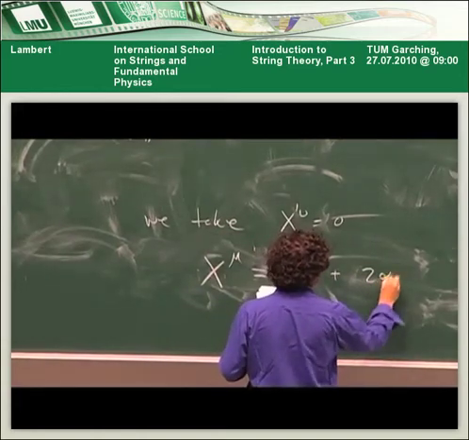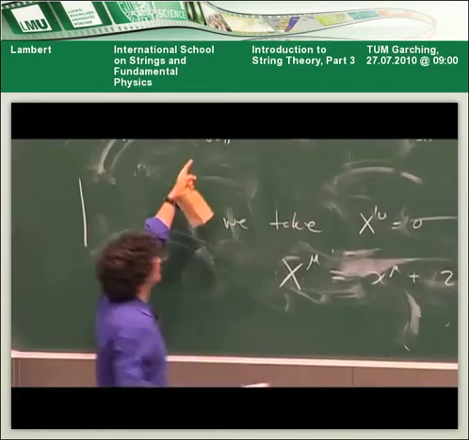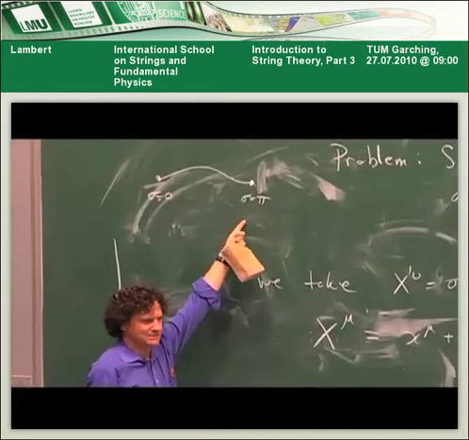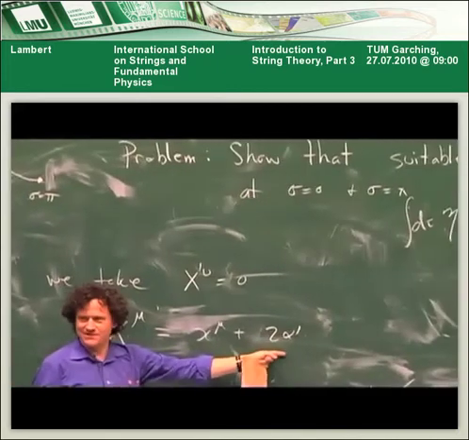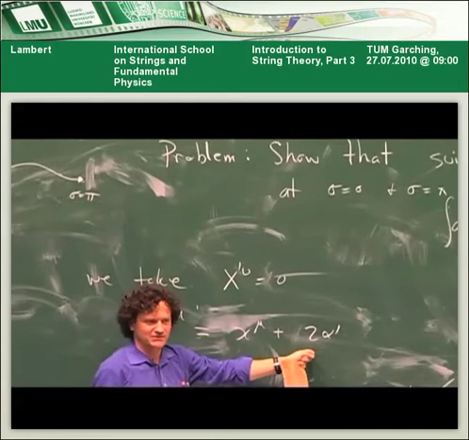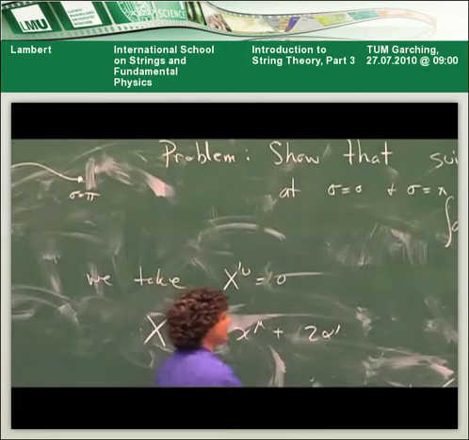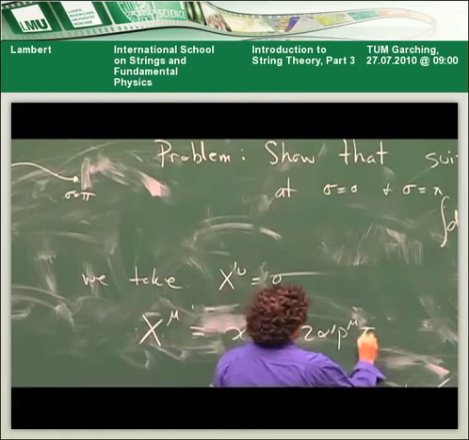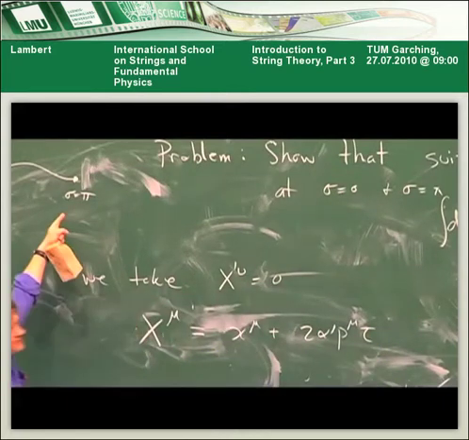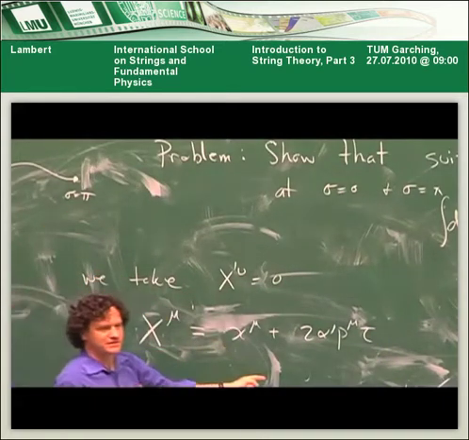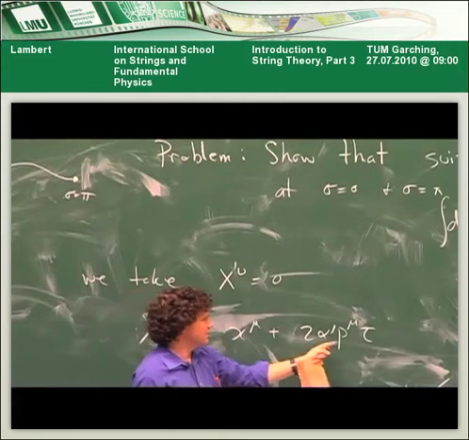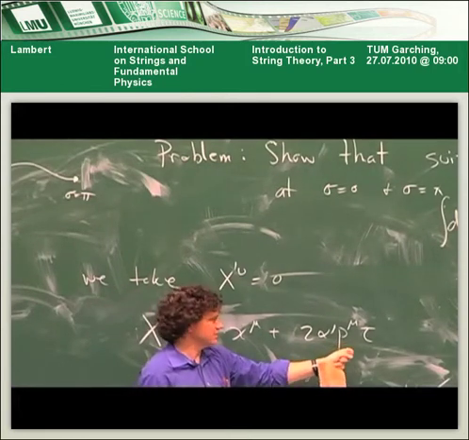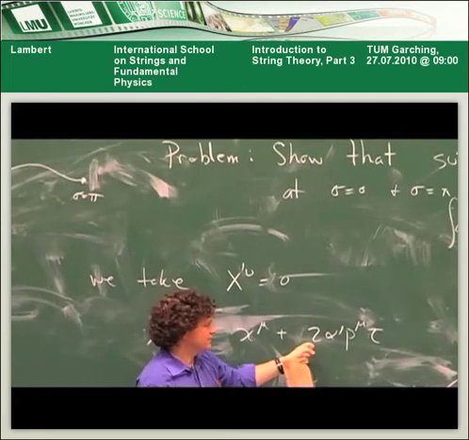Now, one of the irritating things about this choice that everybody makes, sigma pi, is that I want to redefine what I mean by momentum here. I used to call it alpha prime p mu, and now I'm going to call it 2 alpha prime p mu. That's because of the stupid factor of 2 that's missing, so that when I compute the space-time conserved charge associated with translations, I want it to be this p. Hence I have to put a factor of 2 in to compensate for that.